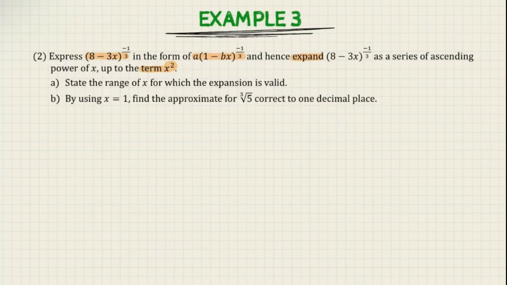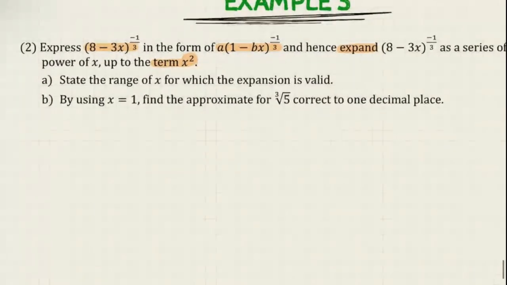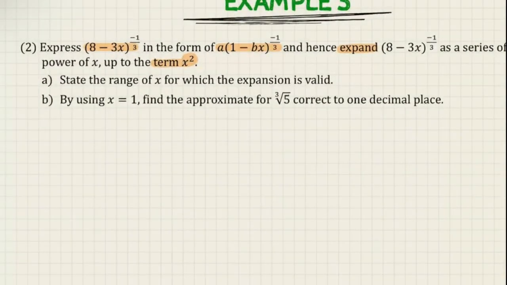Okay, so macam mana saya nak ubah daripada 8 tolak 3x menjadi A(1 tolak bx)? So, we are going to factorize. So, let's start with 8 minus 3x to the power of negative 1 over 3. Okay, so ini akan sama dengan saya factorize 8.